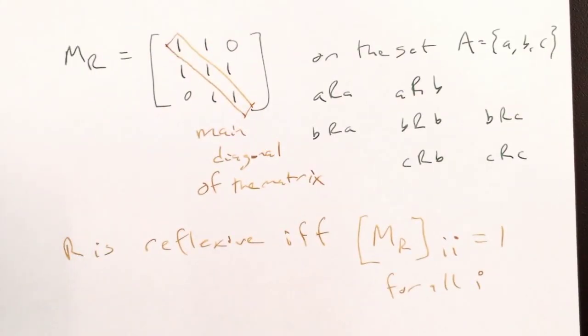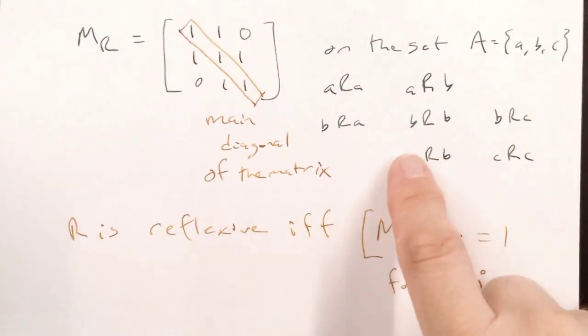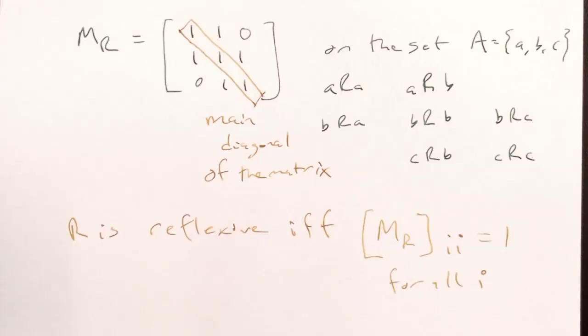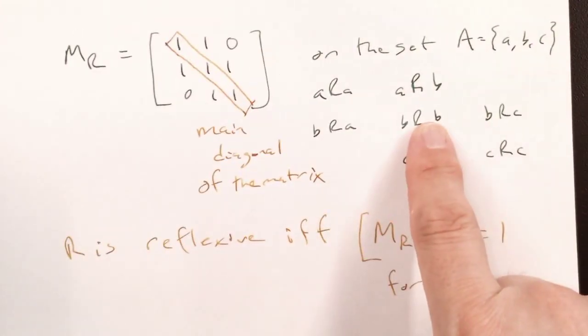Emily, how do you know? Because A is related to B and B is related to A, and then when you don't have it, like A is not related to C and C is not related to A. And if I reverse the letters, even if the letters are the same, the relation is still there, right? So I can see from here that this relation is symmetric.